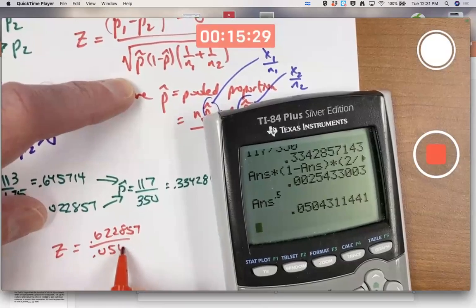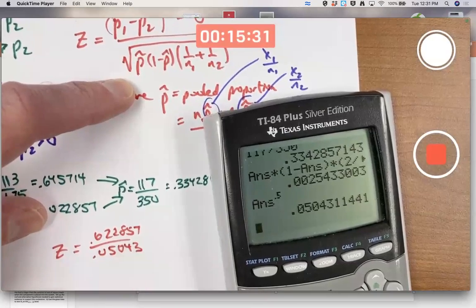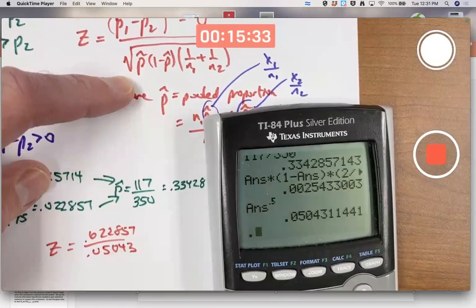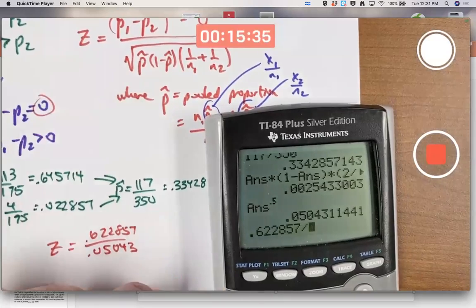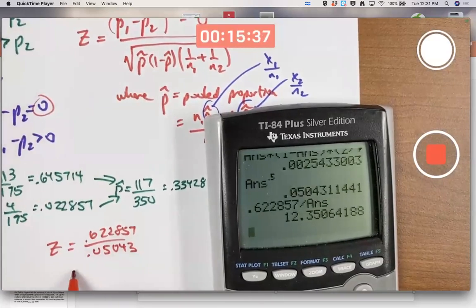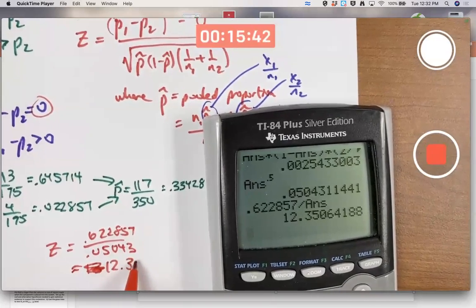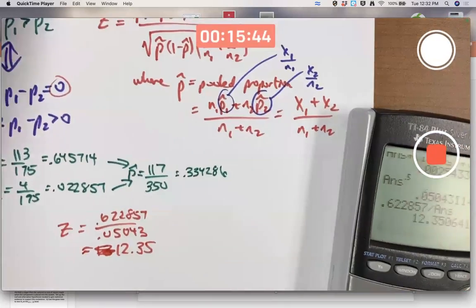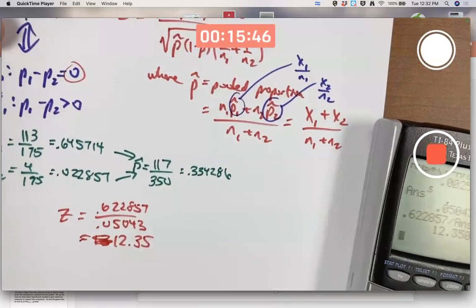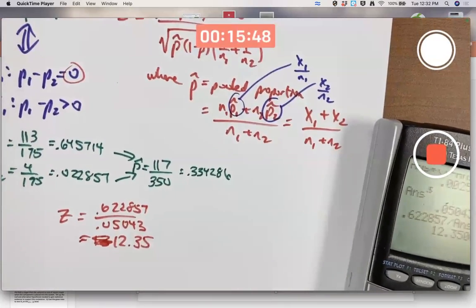And yes, this ratio is going to be very big. 0.622857 divided by that is about 12.35. A very extreme z statistic, a very small p-value. We've definitely got very strong evidence against the null. You'd probably be fired if you failed to reject the null here, okay?